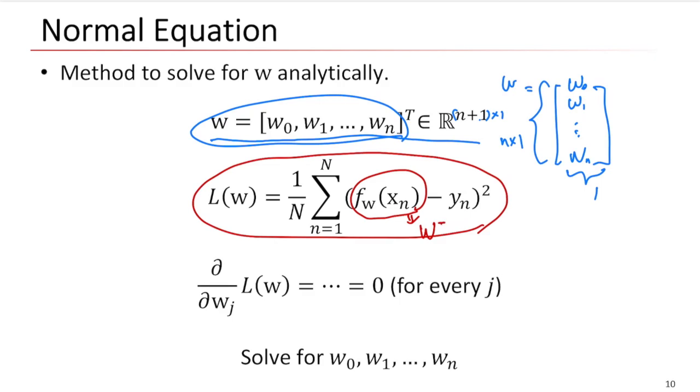W transpose xn, right? So this was the loss function, and right. And then what do you want to do? We want to find this parameter w.